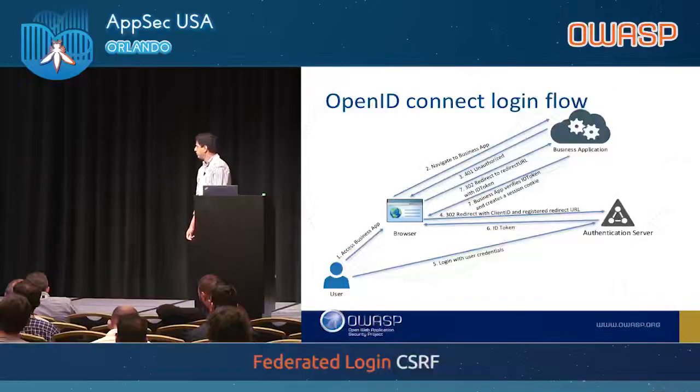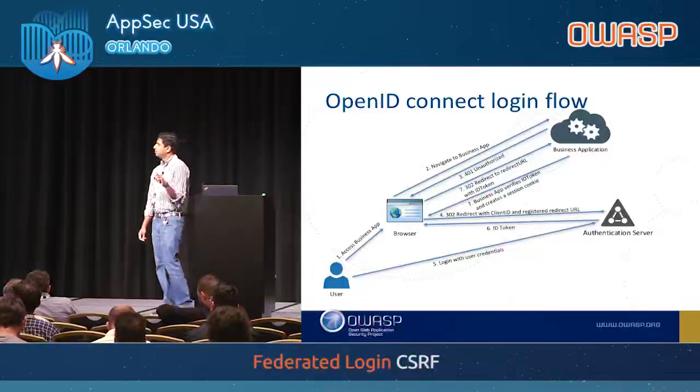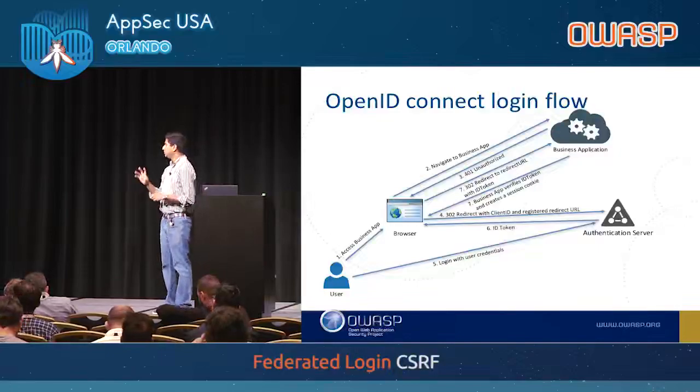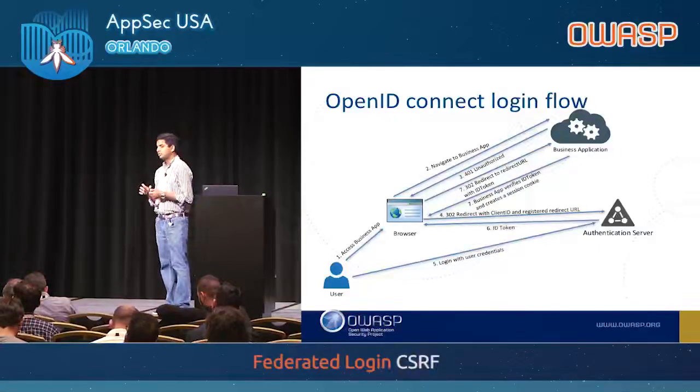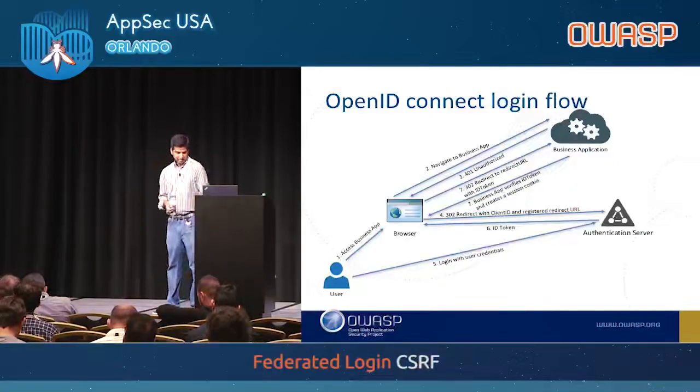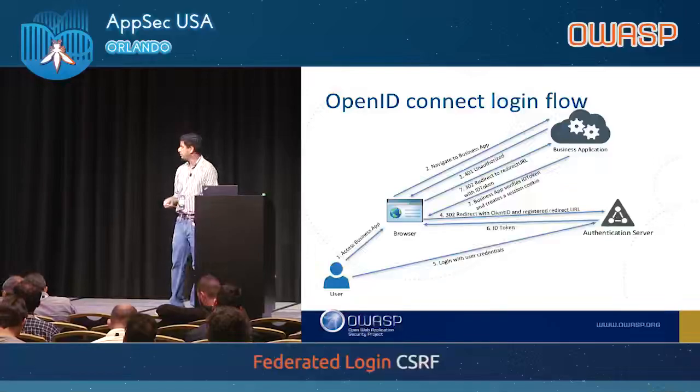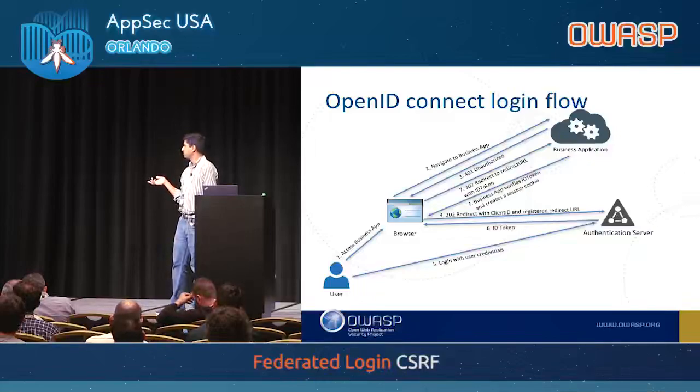Coming to the OpenID Connect flow, the intention of this data flow is to do federated authentication for your business application. So initially, when the user tries to navigate to the business application, the browser goes to that site and makes a request.